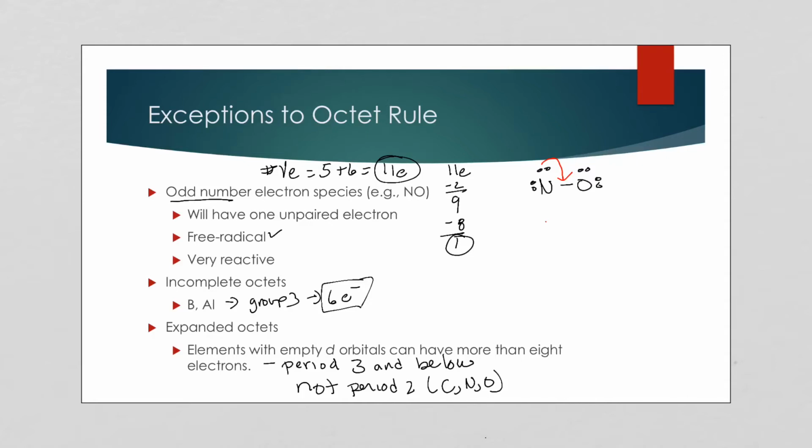And now we have this structure, right, where we have the 1 lone pair over here. We still have the 2 lone pairs over here with our double bond. So now we've given oxygen an octet.